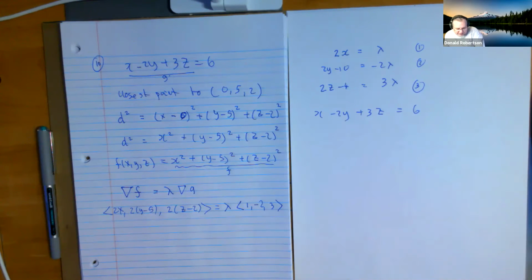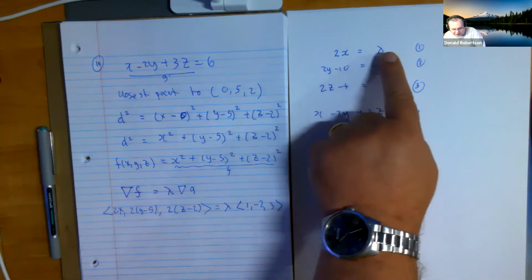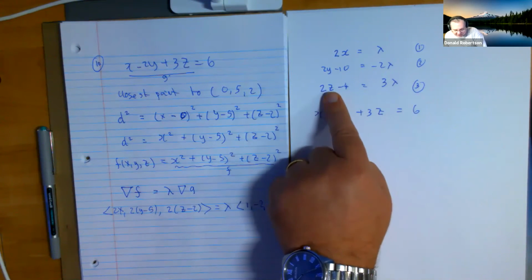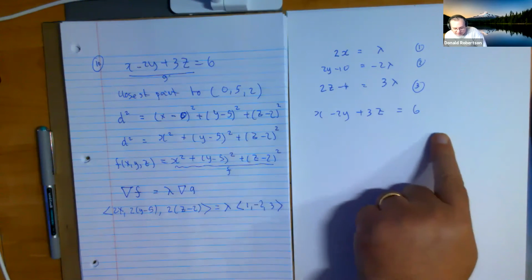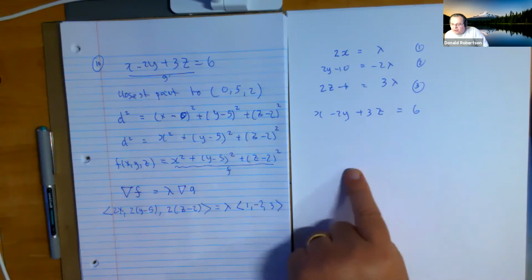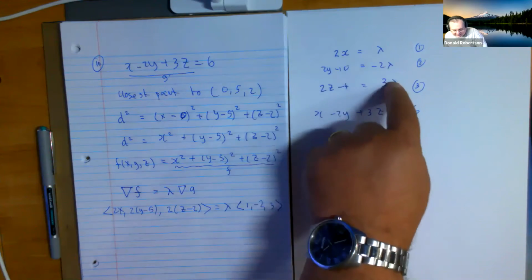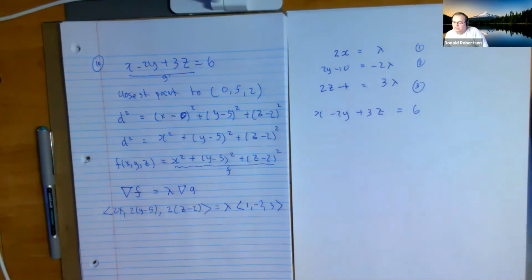In this particular case, one way to solve this problem is to find out what x is in terms of lambda, what y is in terms of lambda, what z is in terms of lambda, plug those in there, find out what the only value of lambda that works is, and once you know that value of lambda, you plug it in here and you solve for x, you solve for y, and you solve for z. It's kind of long-winded, but it'll work, right? It'll work.